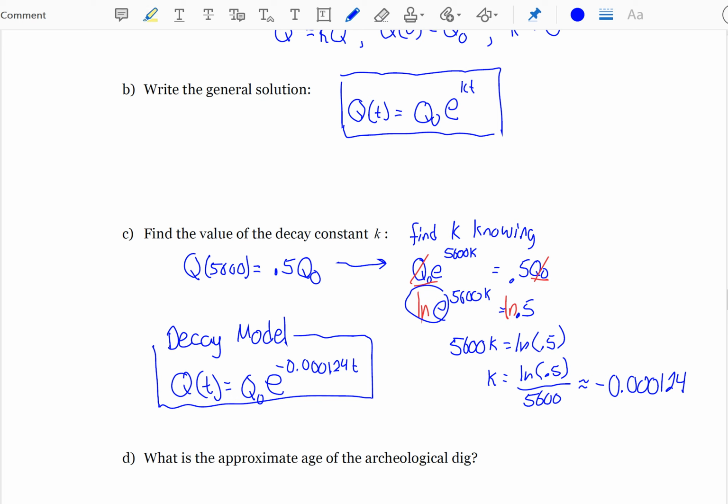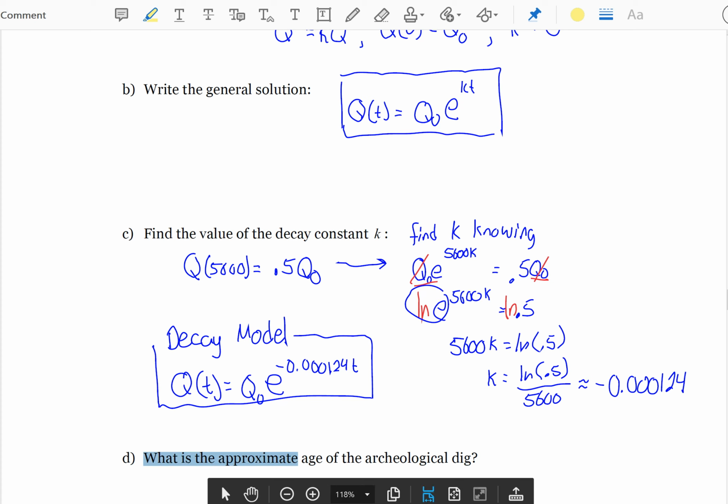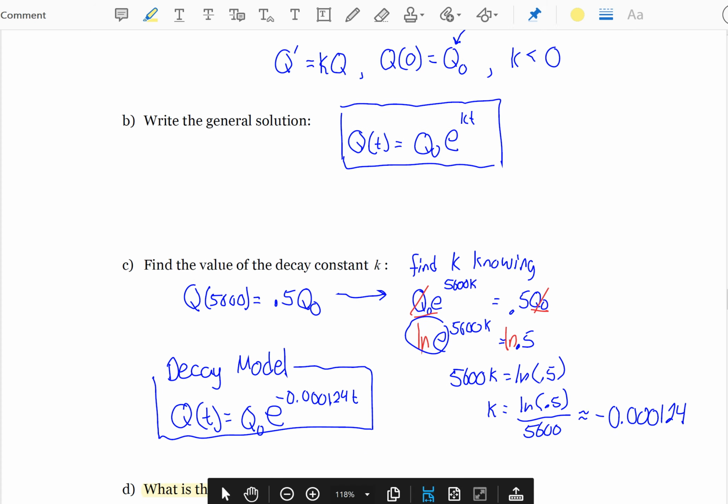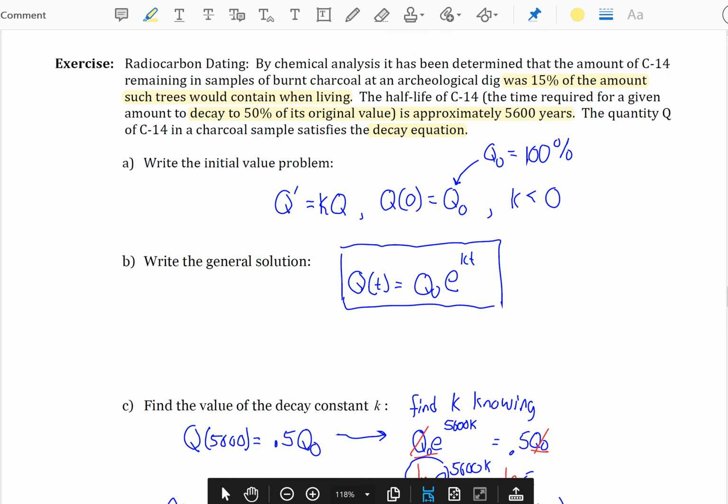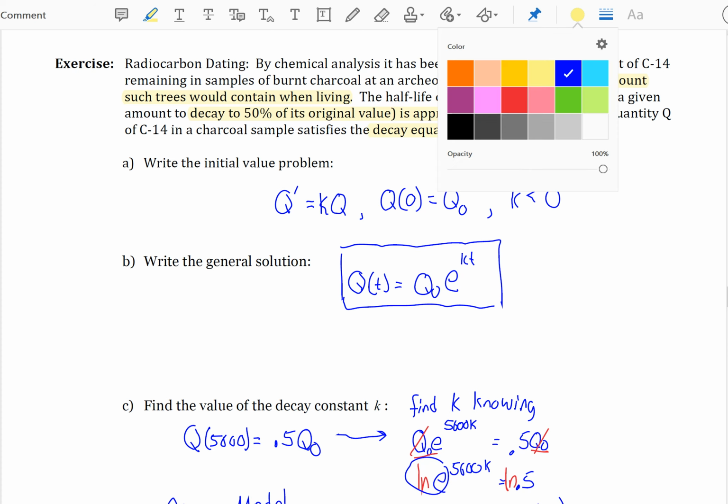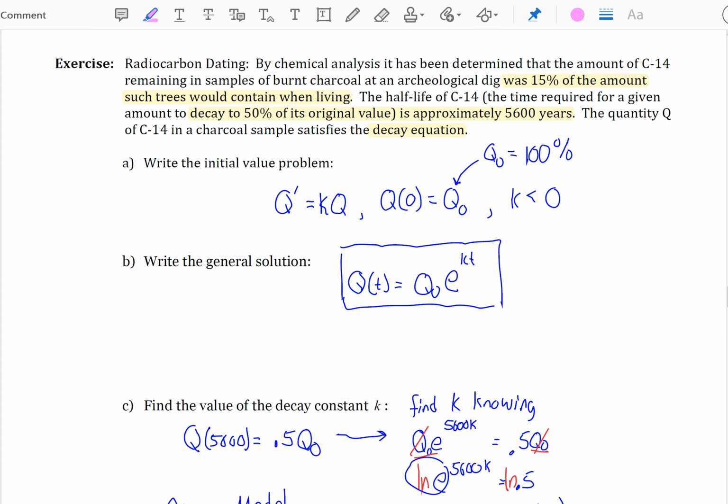And lastly, we're asked, what is the approximate age of the charcoal dig? So remember it said earlier that the burnt charcoal had 15% of the amount of C14 that there would be if the tree had been living.